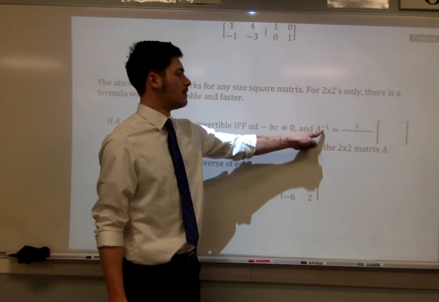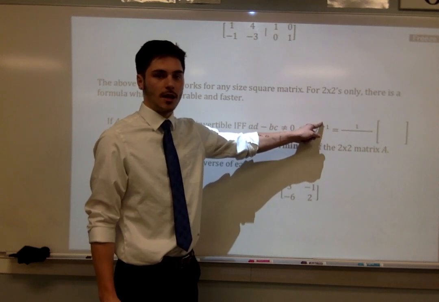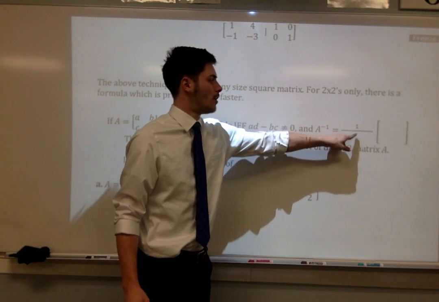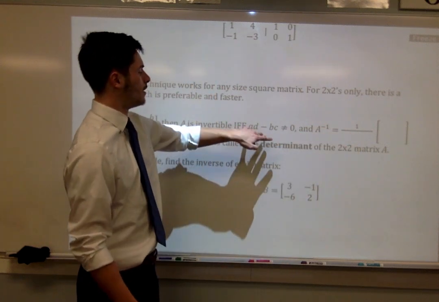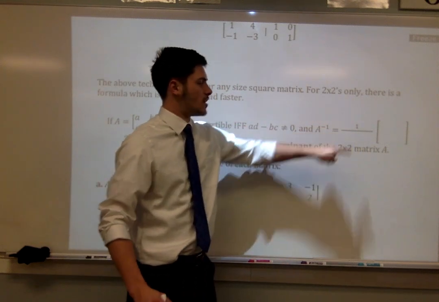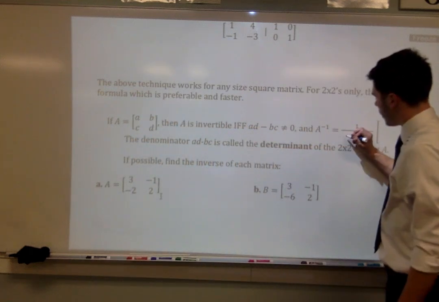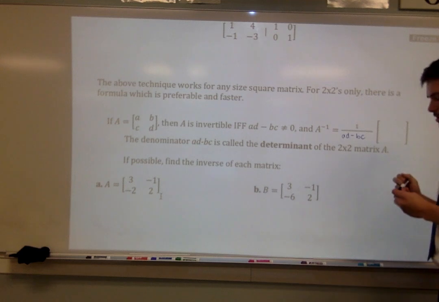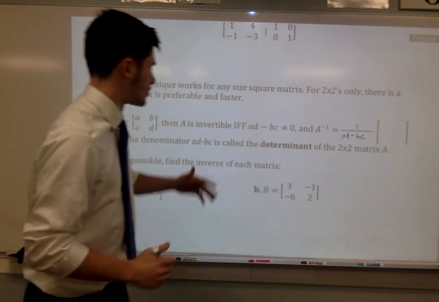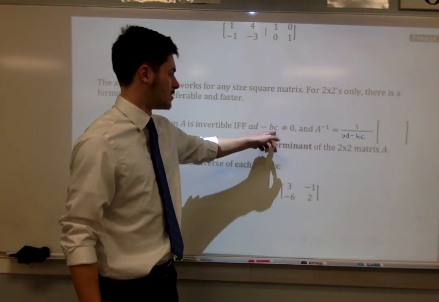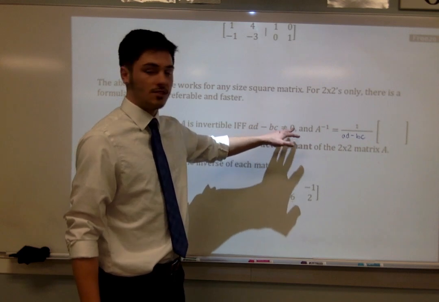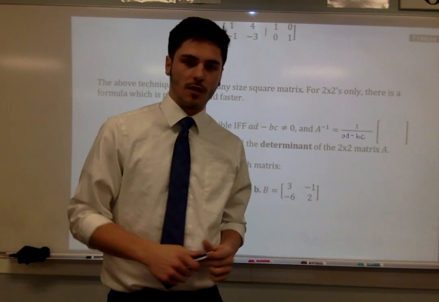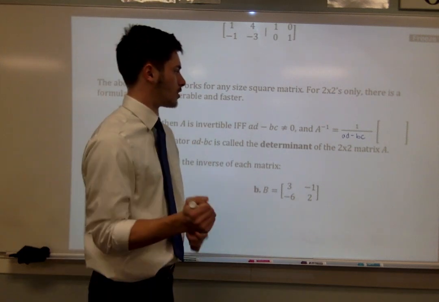And the inverse of A, so A to the negative 1 means the inverse of A, equals 1 over, and this is what we'll do here, we'll take this and put it in the denominator. So we have AD minus BC in the denominator, and this is why we can't have AD minus BC be 0, because then we would have a 0 in the denominator, and we know that we can't divide by 0. So that's where that rule comes from.